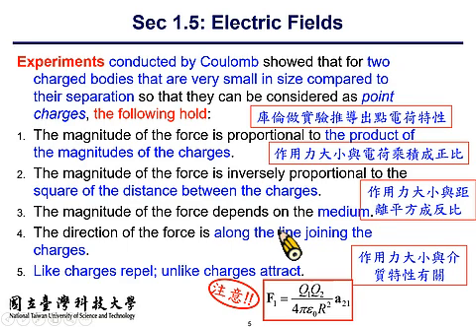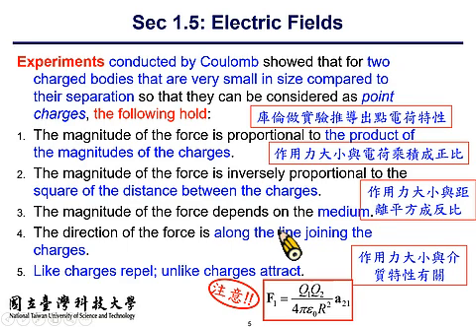With two point charges, the force is proportional to the product of the charges, and the magnitude is inversely proportional to the square of the distance between the two charges. So here is the R squared. You can see here. The third thing is that the magnitude of the force depends on the medium. It's related to the property of the surrounding material.